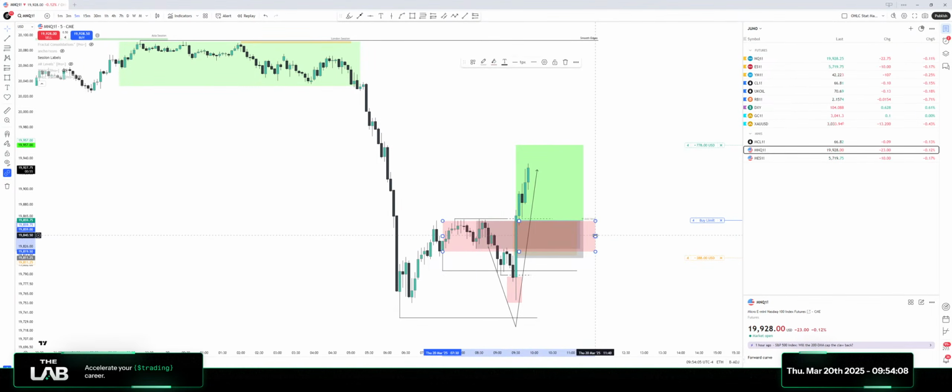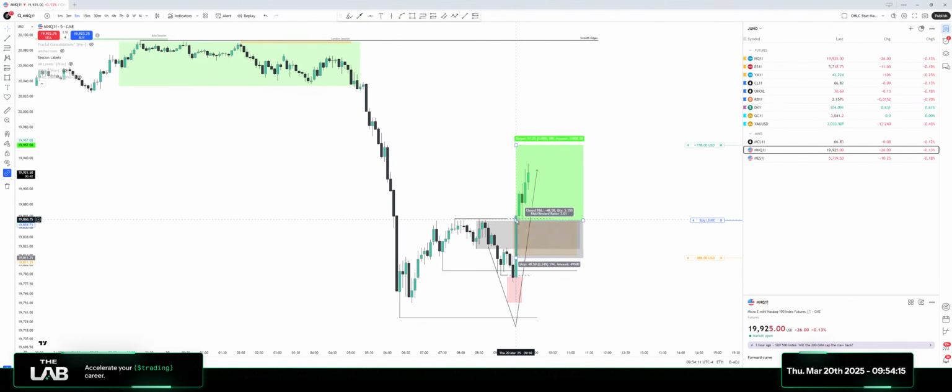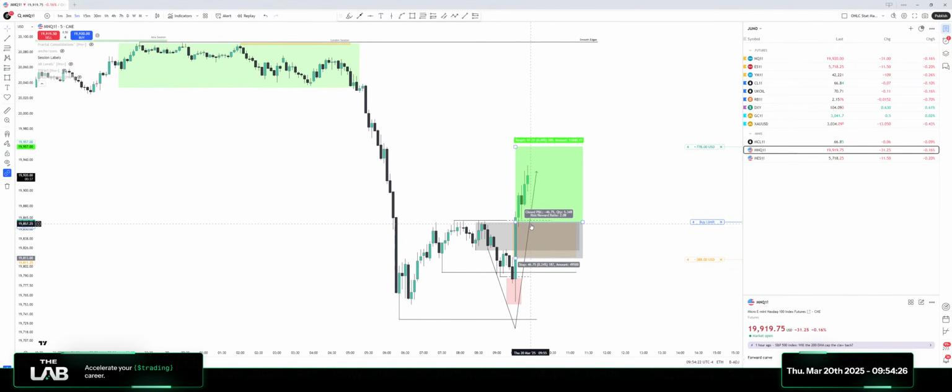Since the fair value gap was as big as the breaker and more, instead of placing the stop loss below this breaker, since I actually think the move is going to go higher to the smooth edges, I still have big room, and my position size is not going to be affected by having a bit of a wider stop.